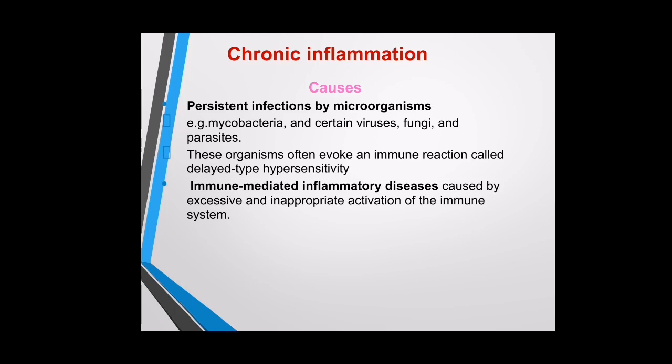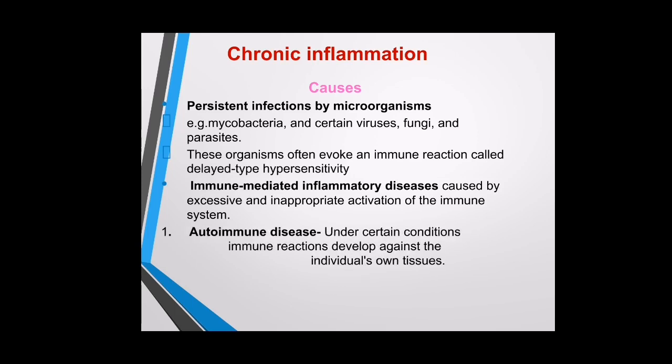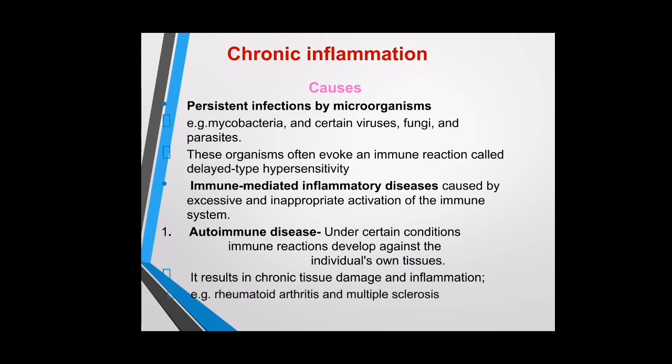Next, immune mediated inflammatory diseases are caused by excessive and inappropriate activation of the immune system. An example is autoimmune disease, a condition in which immune reactions develop against the individual's own tissue. It results in chronic tissue damage and inflammation.